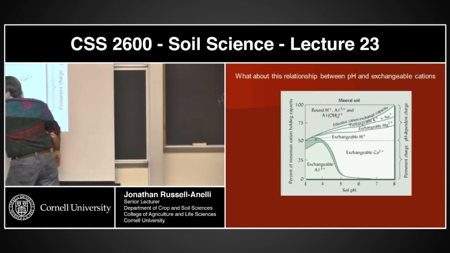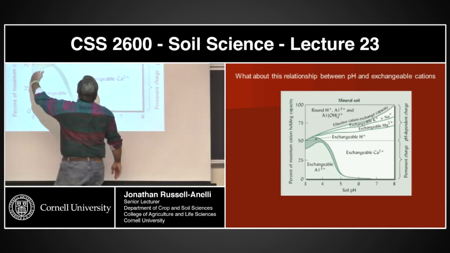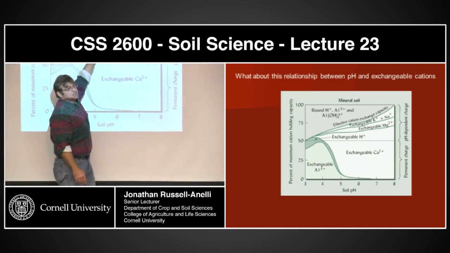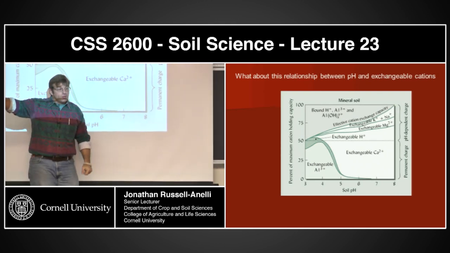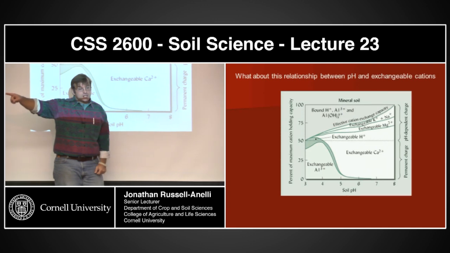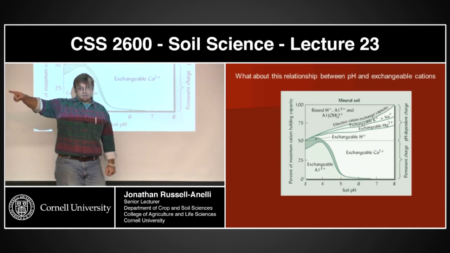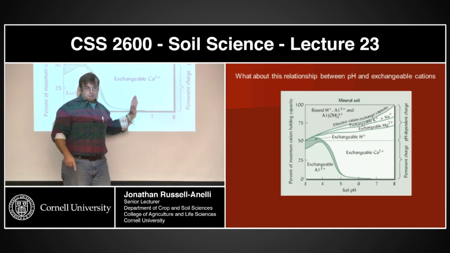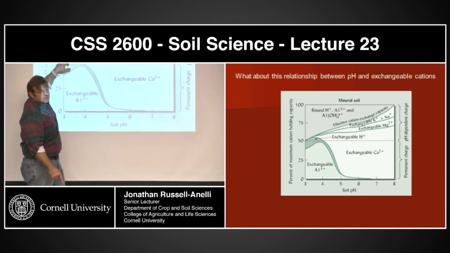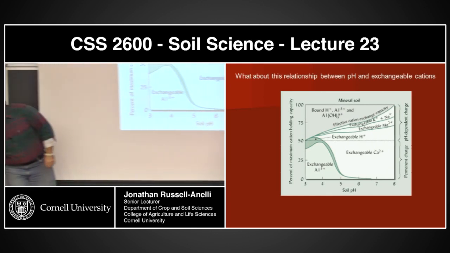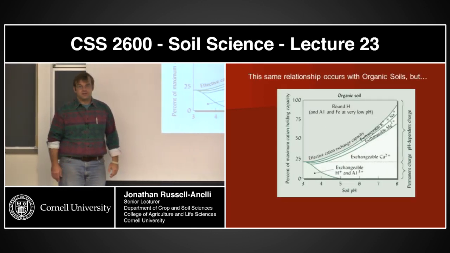As the soil pH increases, my effective cation exchange capacity also increases, which means that exchangeable pool is going to get larger, right? As the pH goes down, that effective capacity is going to go down. Now, what happens when I start adding organic material in here?